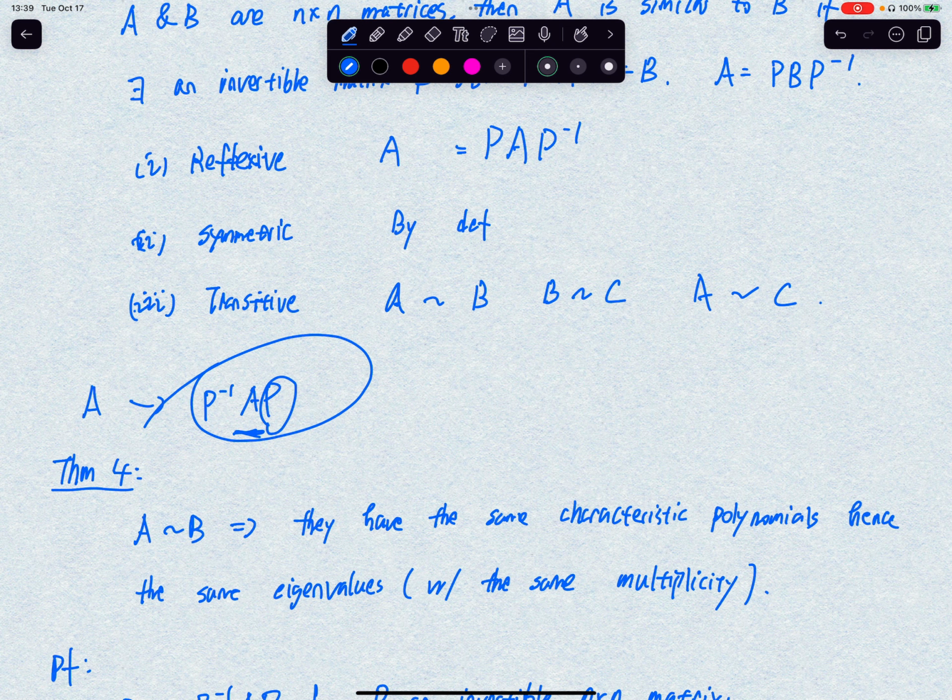And also we will talk some about eigenvectors and linear transformations in the next lecture. And then we shall move to the next topic.